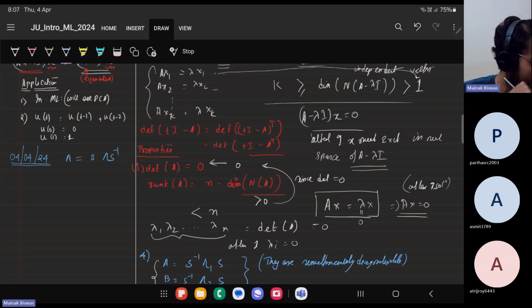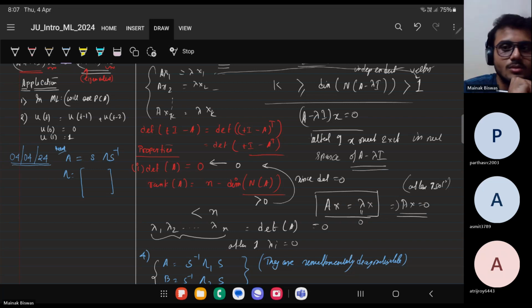What is lambda here, if you recall? What is lambda?